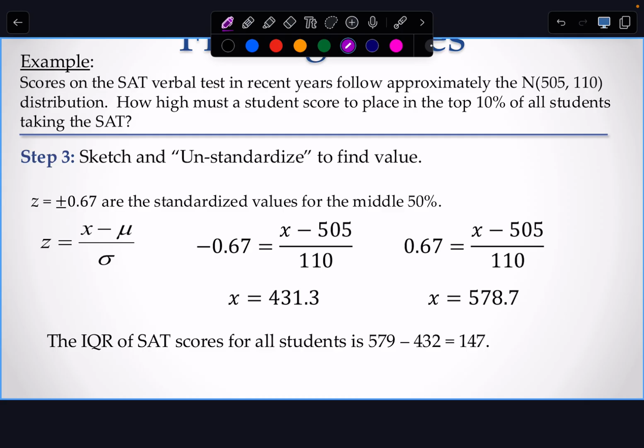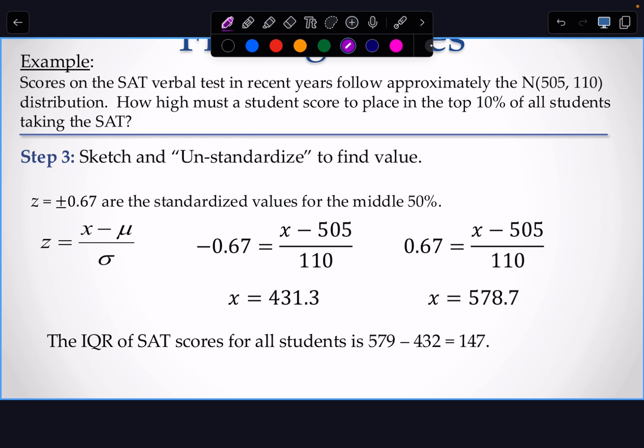When I calculate quartile 1, what does that represent in terms of the distribution? What percentile? The 25th percentile, right? That means I need to capture at least 25% of my observations. Now, if I were to take the 431.3 and round down, rounding down does not guarantee I'm going to get the full 25% that I need.